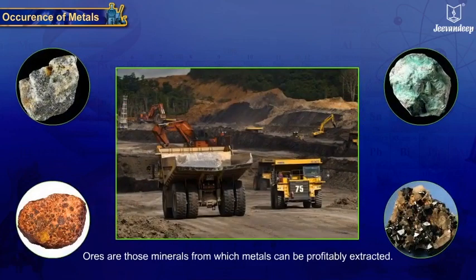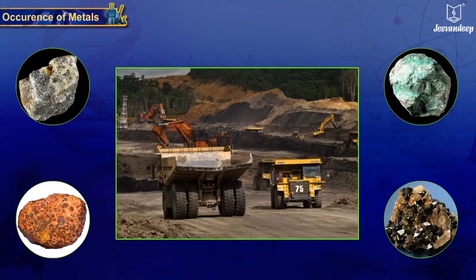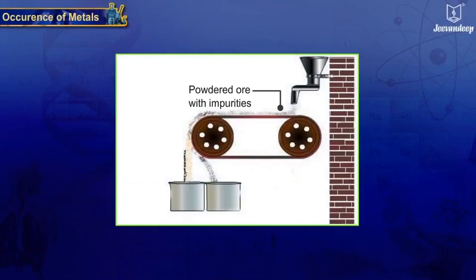Ores are those minerals from which metals can be profitably extracted. The impurities like soil, sand, rocky material, etc., which are present in ores along with metal compounds, are known as gangue.